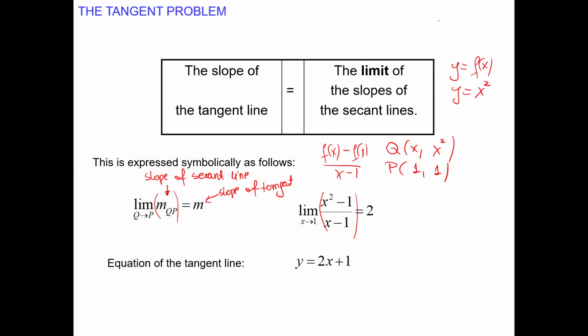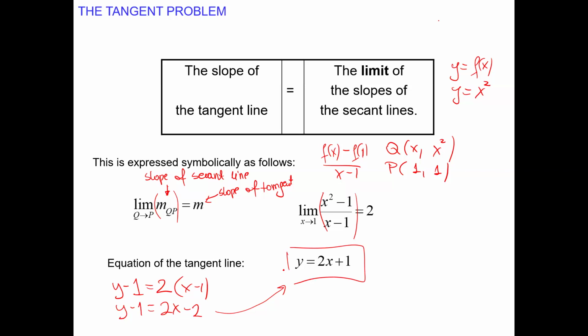Tangent line is 2x plus 1, because when we use point slope, now I have the slope. And when we distribute everything, 2x minus 2, and providing the mx plus b form, we will have 2x plus 1. Because this, am I wrong? 2x minus 1? Of course, yes.